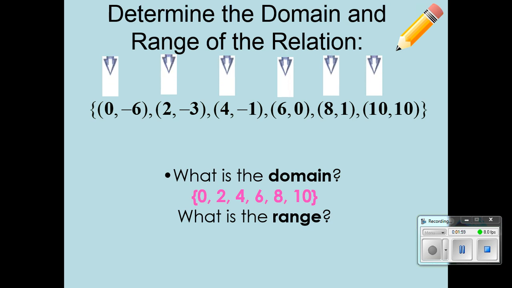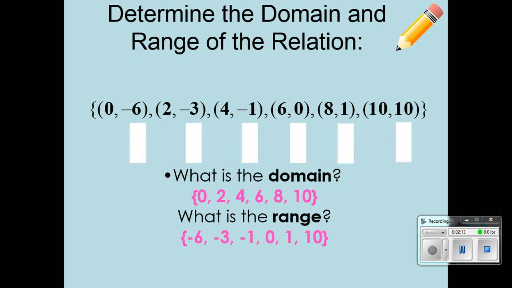So taking all the x values out and writing that down: 0, 2, 4, 6, 8, 10. So if I were going to ask you what the range was, you would do the same thing. You would find the y values and you would tell me that they are -6, -3, -1, 0, 1, and 10. So that's how we determine domain and range of a relation.